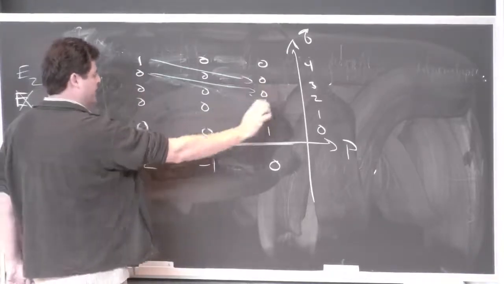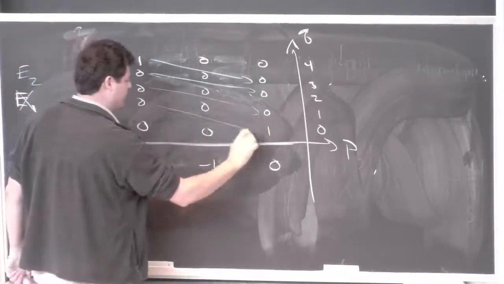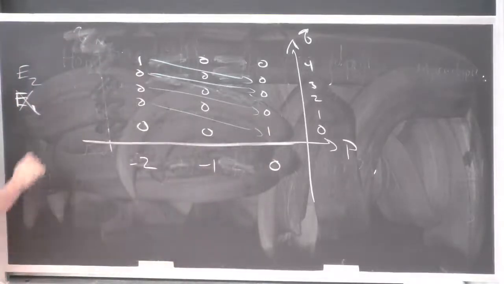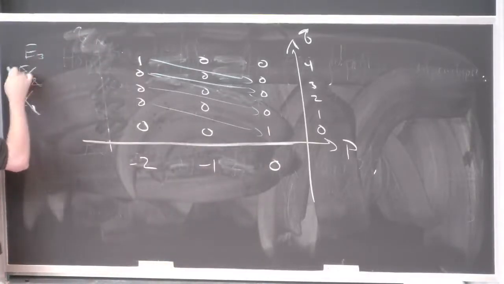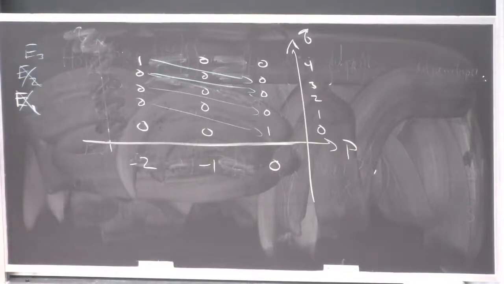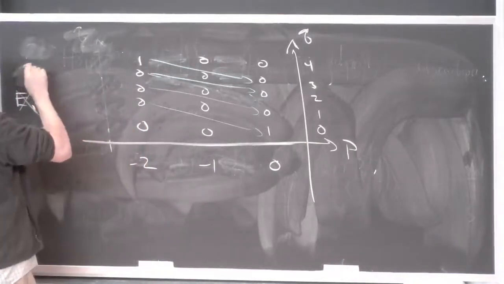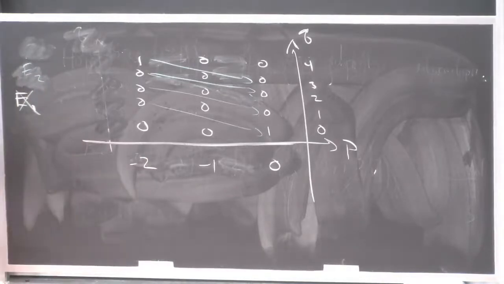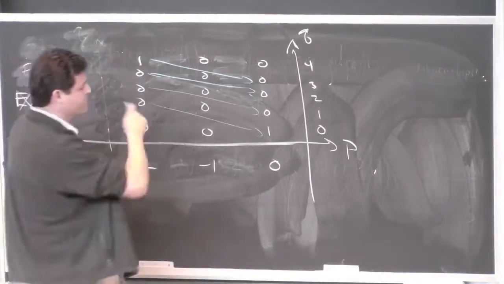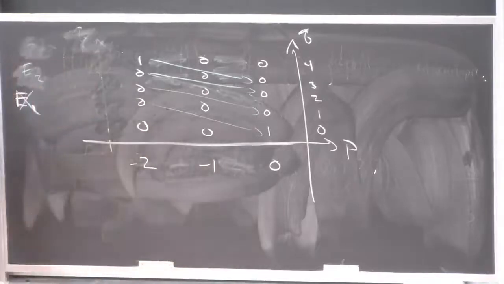And then you go to the E3 page, and again, there's nowhere for the differentials to go. When you go to the next page, the differentials will be even farther off the map. And so there's just nowhere for them to go, and so the thing degenerates.